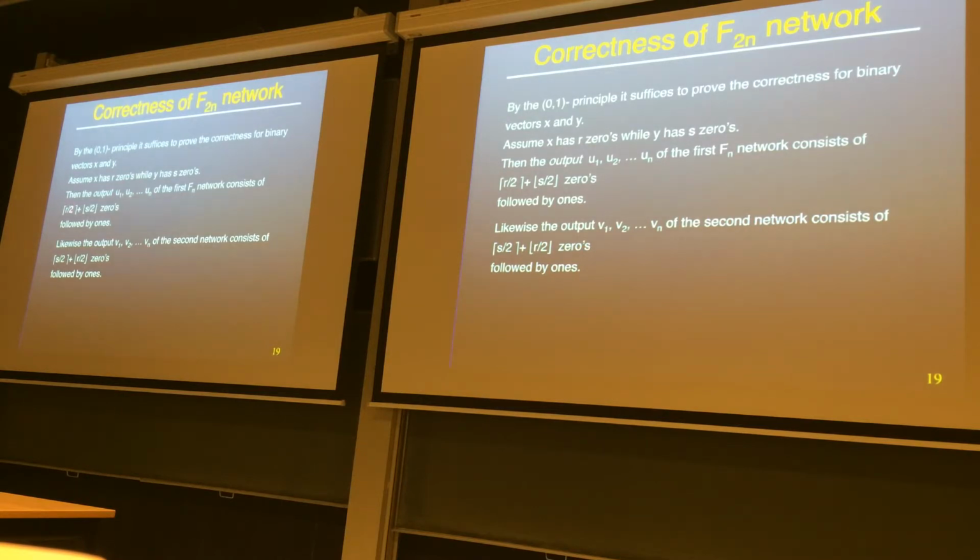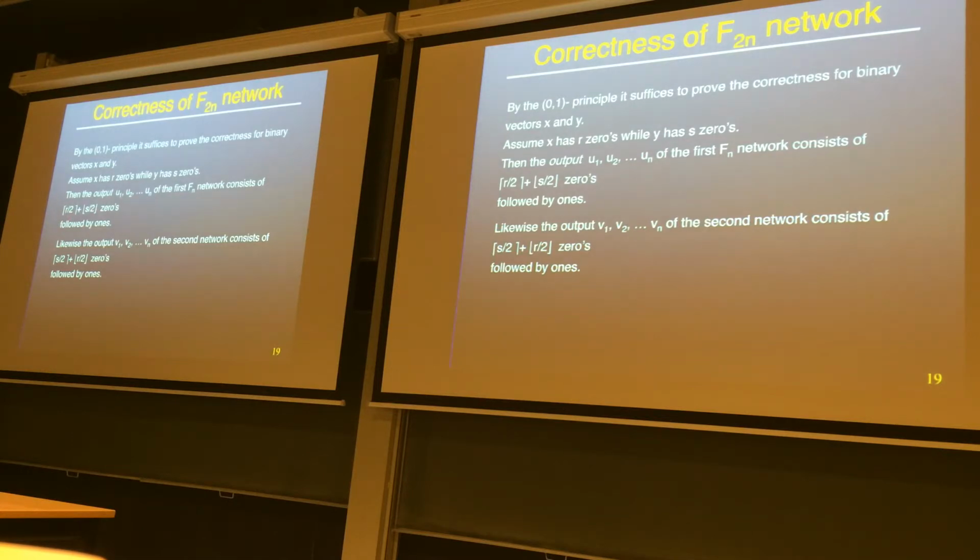Now, look at these floor and ceilings. What is the maximum amount in which they can differ with respect to zeros and ones? If you look at R and S, well, if R and S are both even, then these numbers are the same.